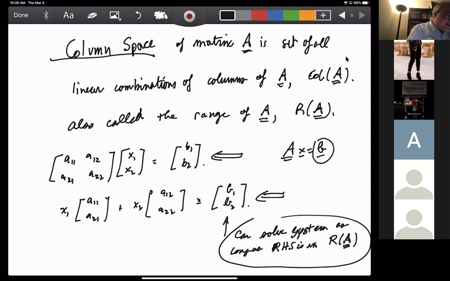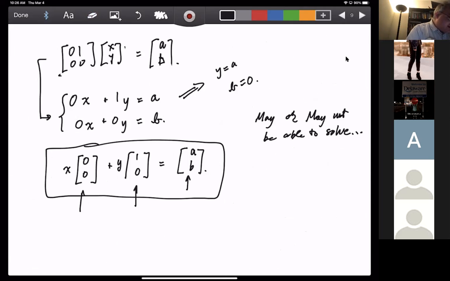If it's not in the range of the matrix, as we see here, we don't have a chance of solving. Okay, is that idea clear? Good.